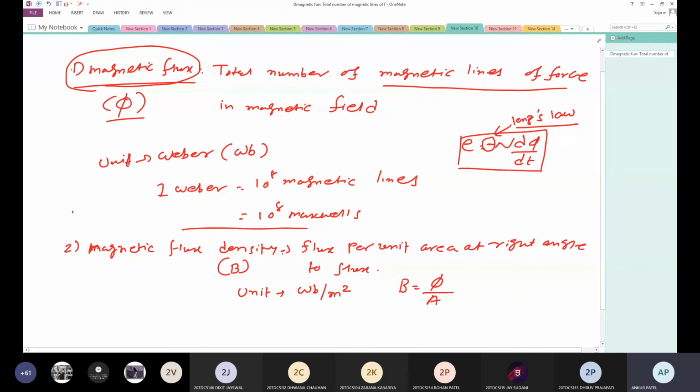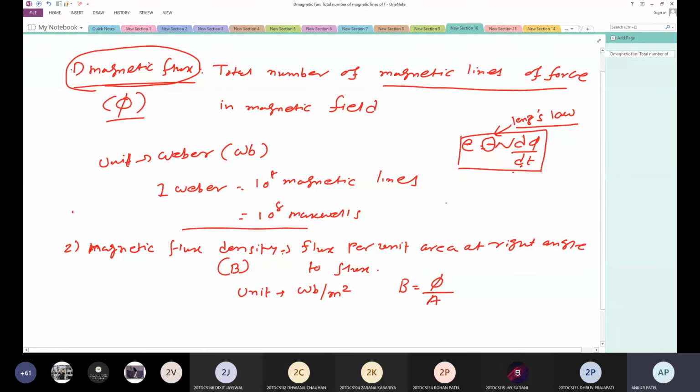Okay, so that is given by Lenz's law, but what Faraday gave is e = N dφ/dt, while -N dφ/dt is according to Lenz's law. So if you are asked for any statement, then you have to write it properly. Okay, don't miss or skip any words in between.